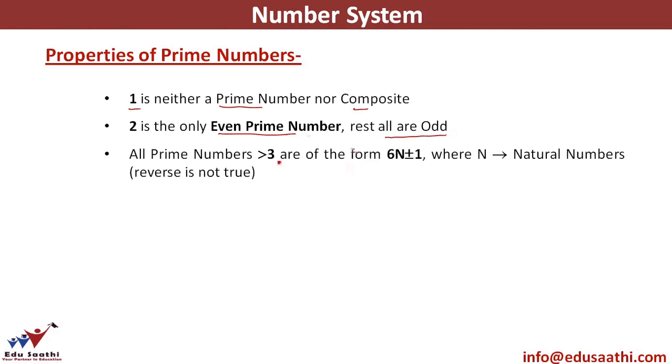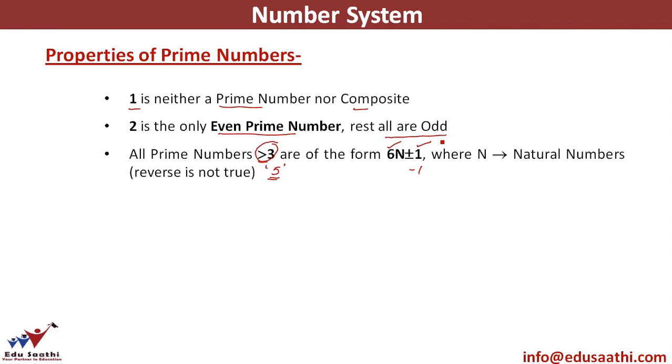All the prime numbers greater than 3 are of the form 6n plus minus 1. So all the prime numbers greater than 3, that means I will start from the prime number 5, when they are divided by 6, they either leave a remainder of plus 1 or minus 1.